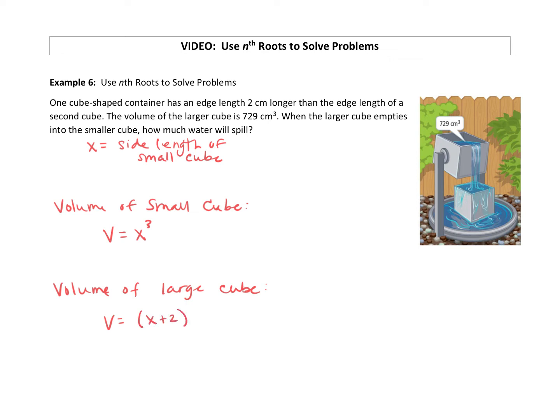So each side has a length of x plus 2. And then if we raise that to the third power, that's how we have our volume of the large cube. Now, they told us that the volume of the large cube is 729. So let's plug in 729 for the volume of the large cube, equal to x plus 2 to the third power. And let's solve this equation.